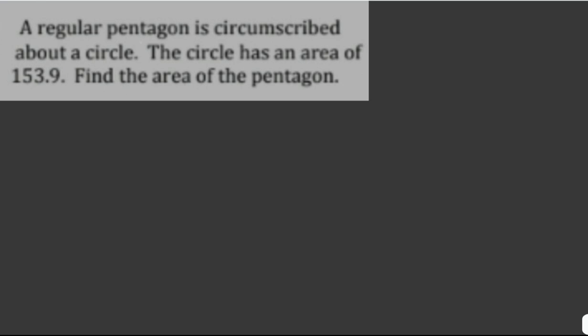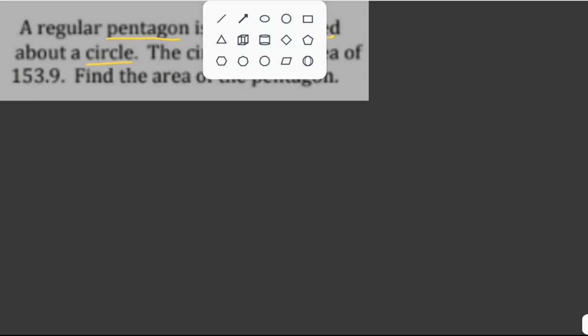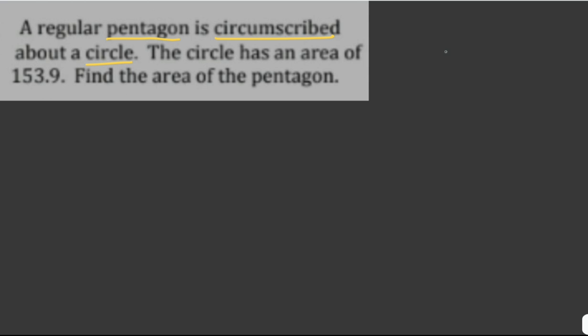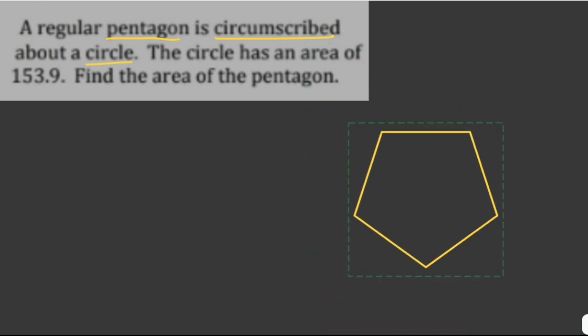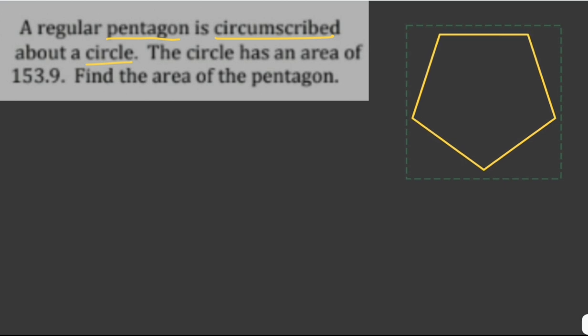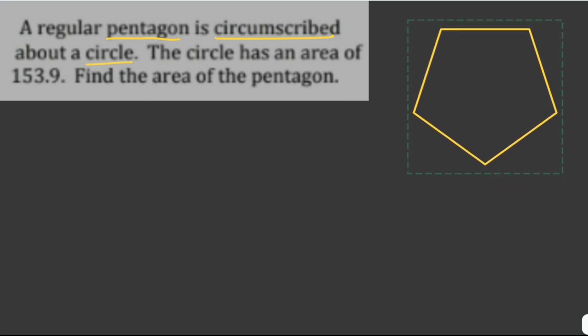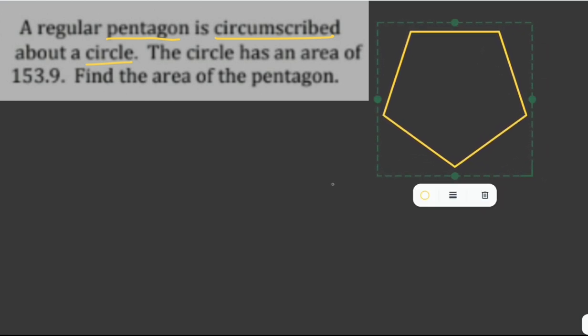So it's stated here that a regular pentagon is circumscribed about a circle. So let's draw that first. Okay, let's say this is our pentagon. And then it says it is circumscribed about a circle.